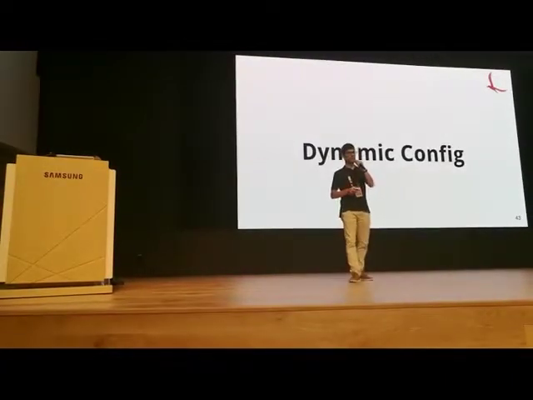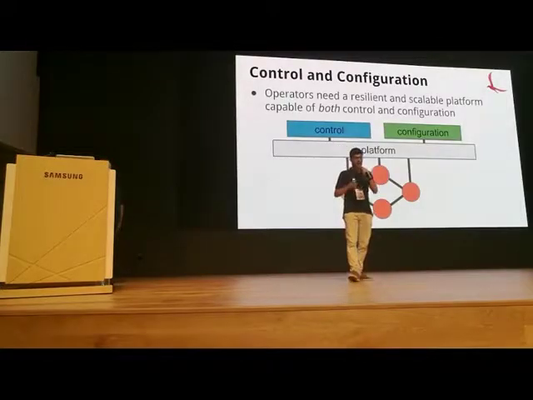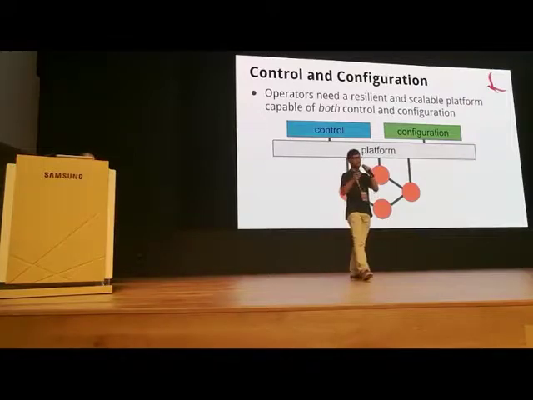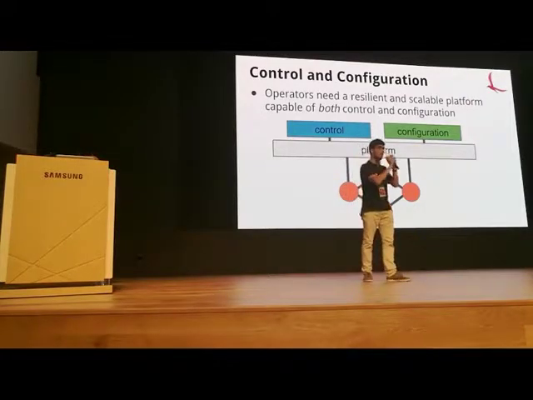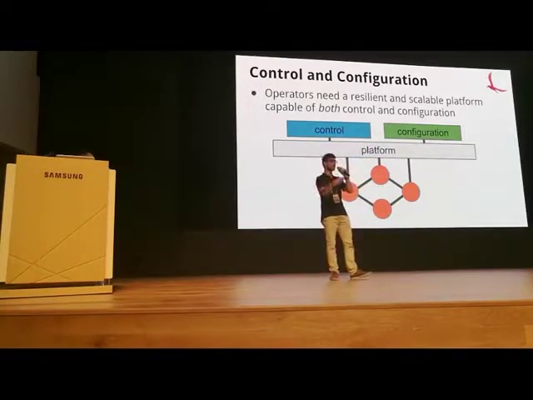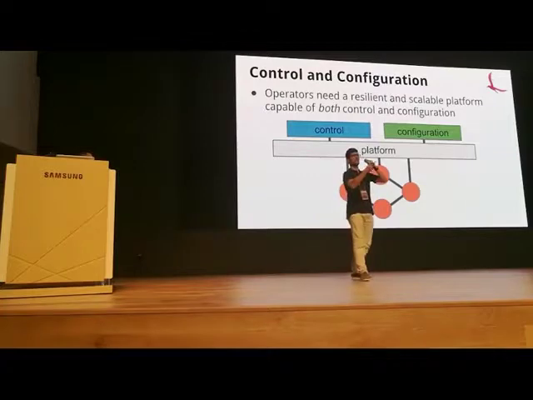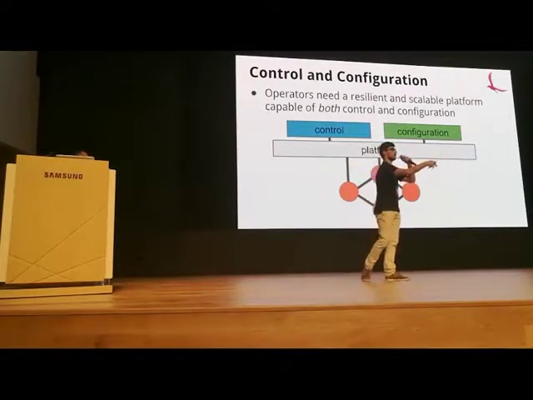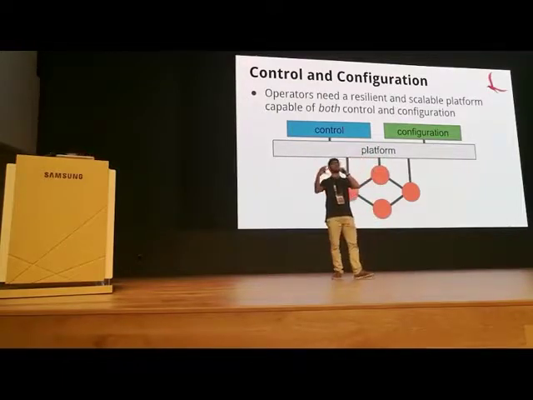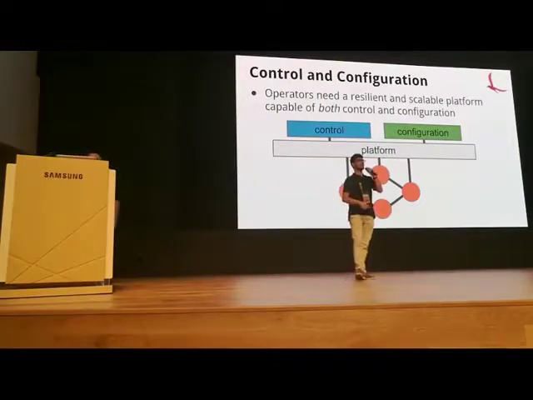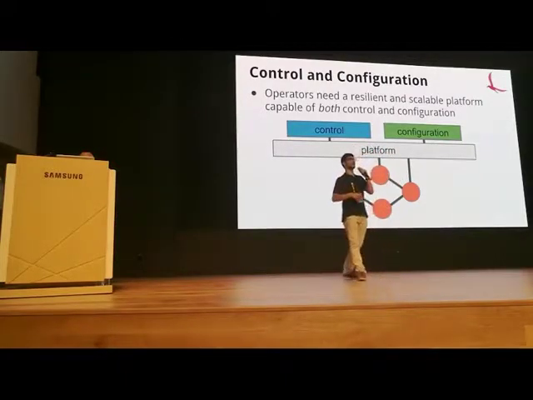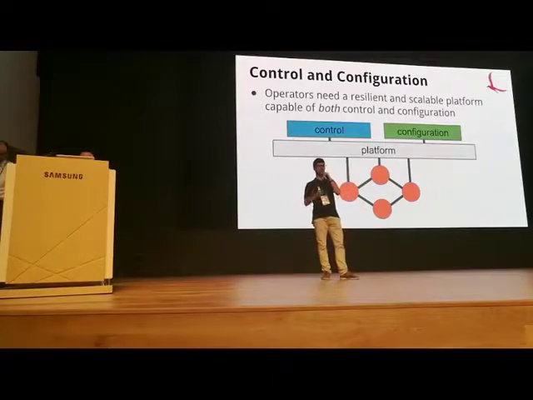So let's talk about dynamic configuration for a second. As I said, we realize that operators need a resilient and scalable platform capable of both control and configuration. So with the same platform, which is ONOS, we want to do control, for example, OpenFlow, controlling P4 enabled switches through P4 Runtime, pushing traffic shaping rules, but also configuration. We want to set the power, we want to set the LEDs, we want to make any type of changes to a device through its configuration.